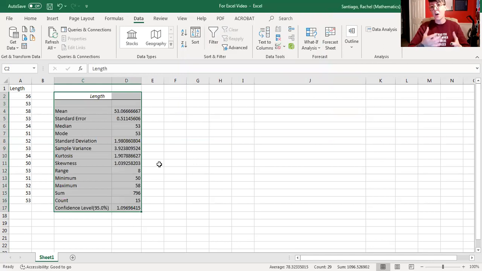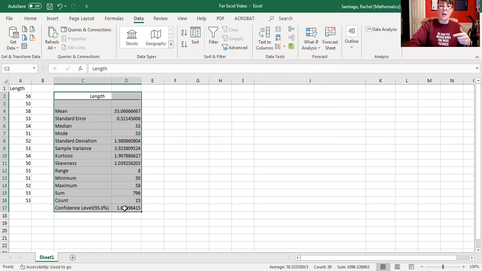Perfect. Here we have all of our information. We have the mean, we have the standard error of the mean, median, mode, et cetera. We learned in class that if we were to construct our interval, we're going to take the sample mean and we're going to subtract the error. Now, keep in mind, we're not subtracting the standard error of the mean.